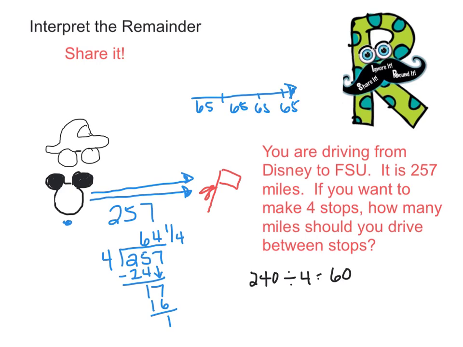And if we do that, then we would end up with 260, which would be too far because we only need to go 257 miles. So the best option here, if we want to go the equivalent amount, is to simply share the remainder. That means you want to count the remainder.